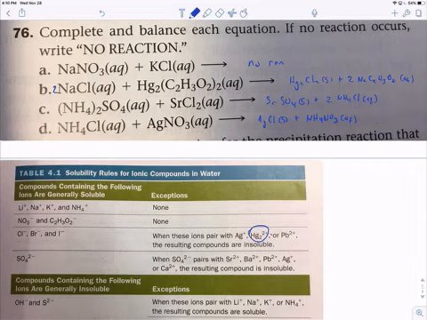Students have a hard time with this, so it's taking a while, it's fine. But hey, you don't have to memorize the chart. Even I don't have it memorized. I didn't know that strontium sulfate was insoluble.